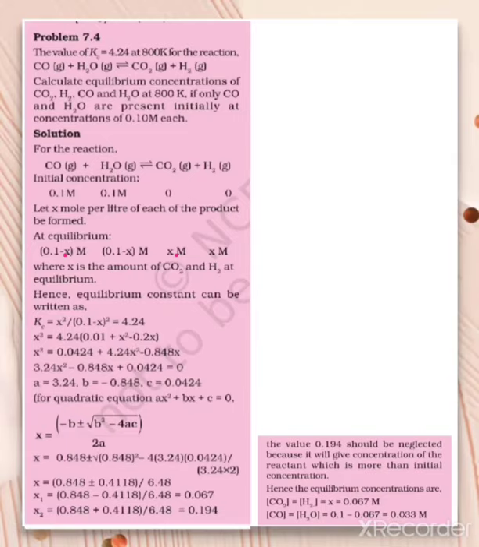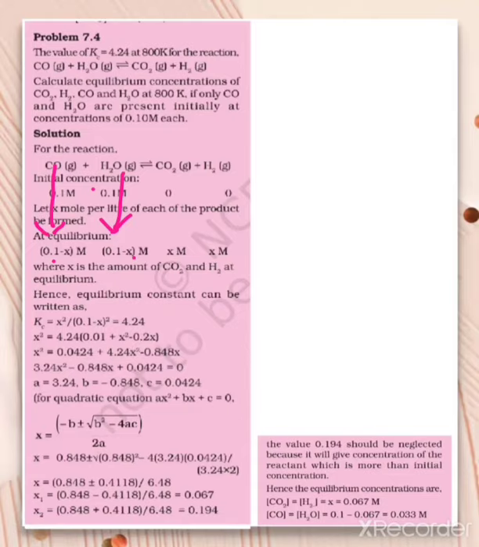So at equilibrium, the concentration of CO is how much? 0.1 minus x. Now the concentration of H2O, initially it was 0.1. Now how much is decreased? It is decreased by x. That means you have to subtract x from 0.1.